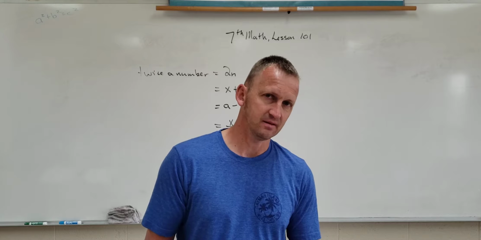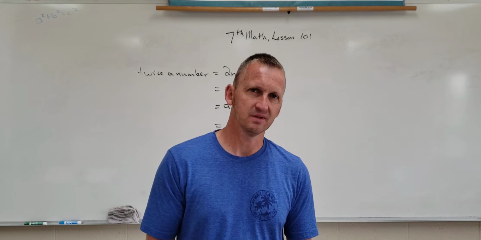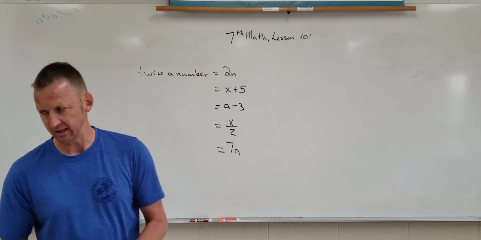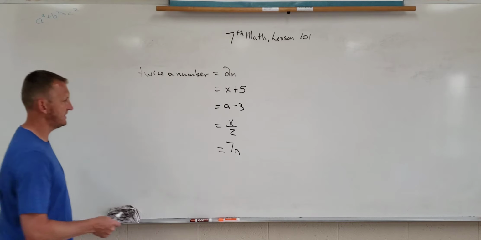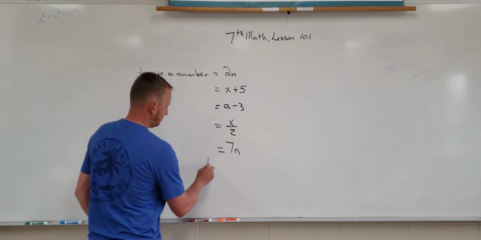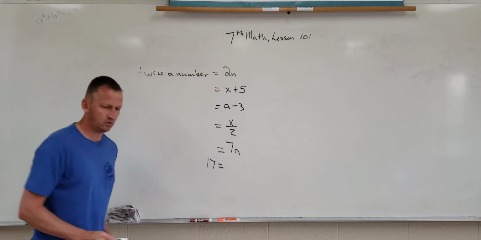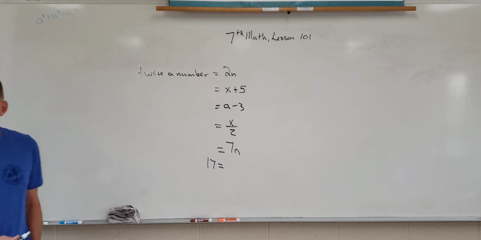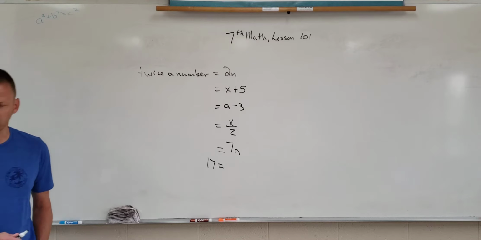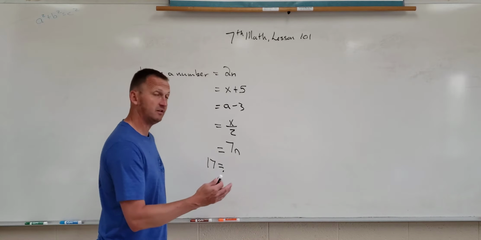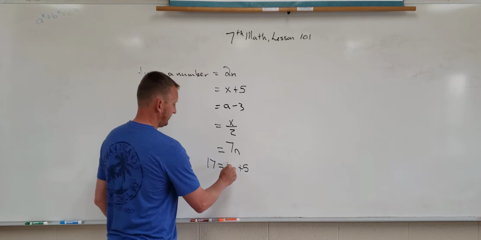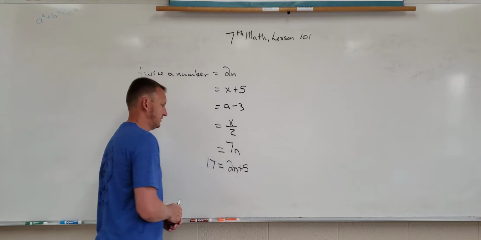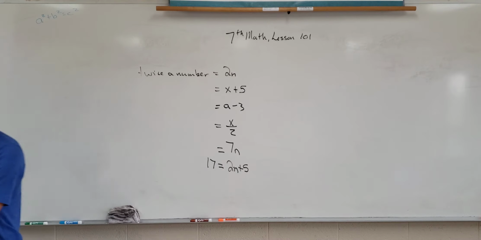And is, don't forget, means equals. Of means times. So they're throwing a combination thing at you. It says 17 is, so 17 equals 5 more than twice a number. 5 more, plus 5. 5 more than twice a number. So we have an entire equation that we are looking at.